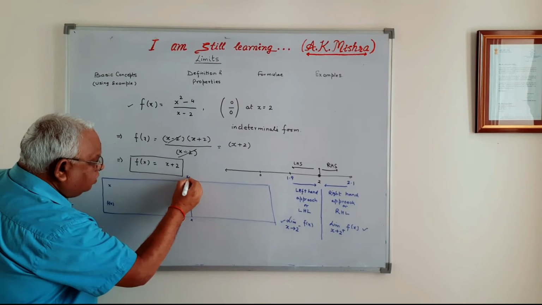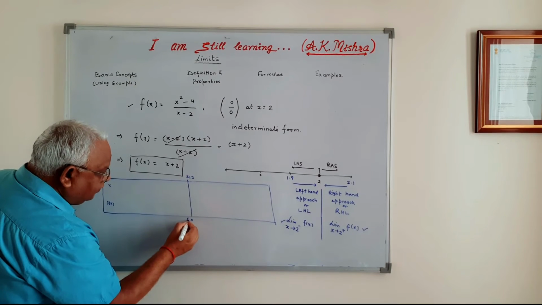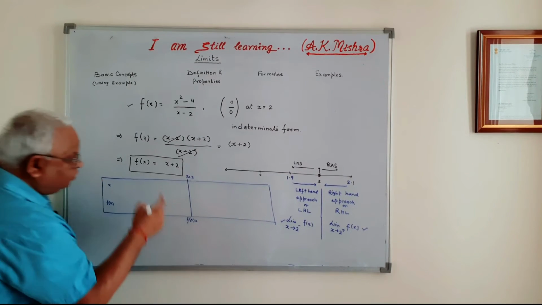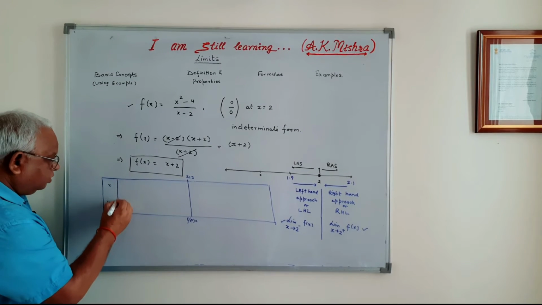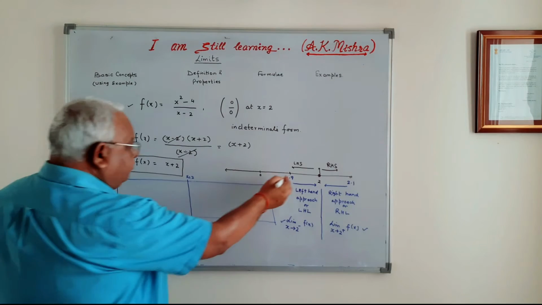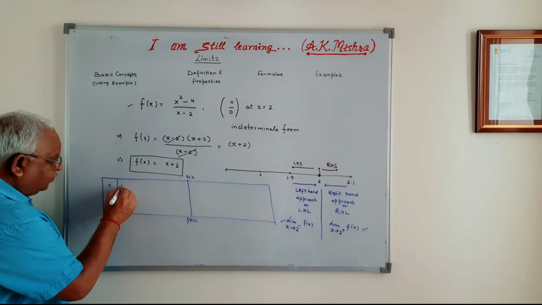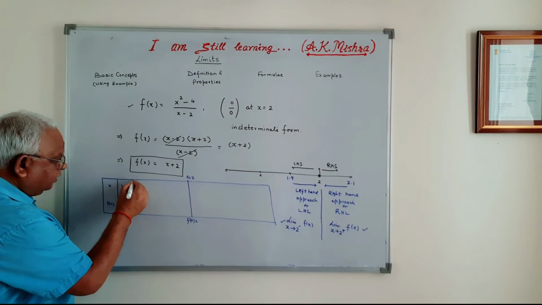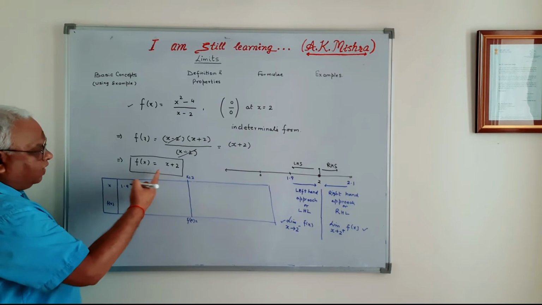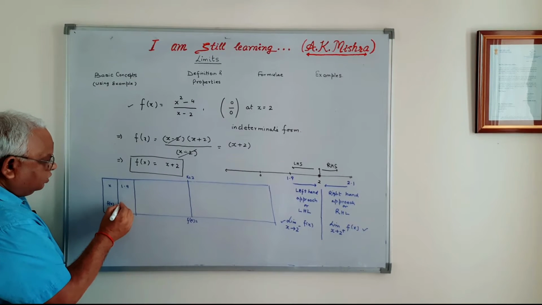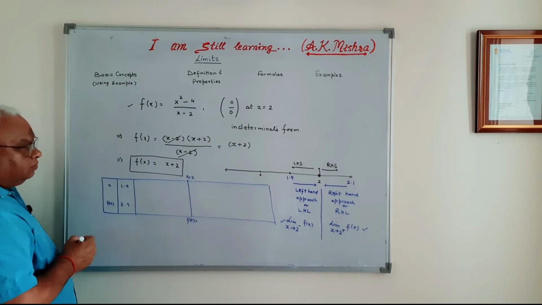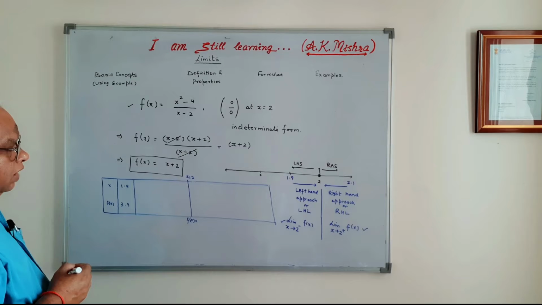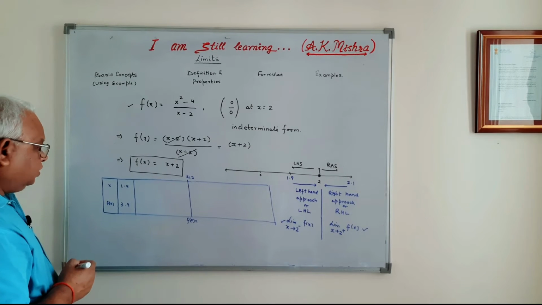This is x equal to 2 and this is f(x). We are starting from 1.9. When we take 1.9, f(x) will become 3.9.